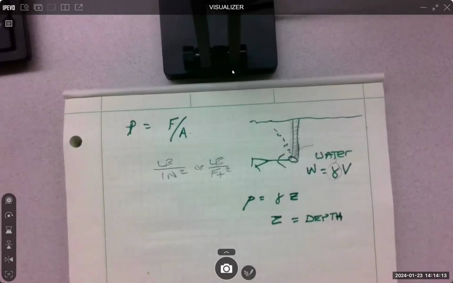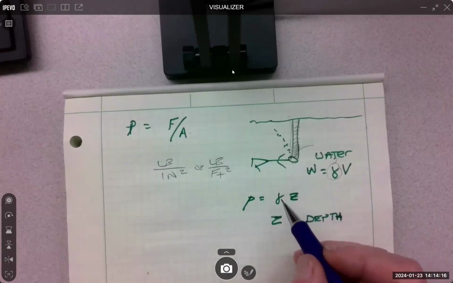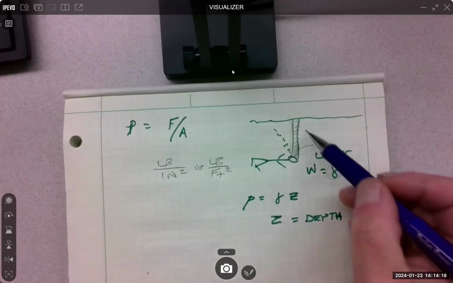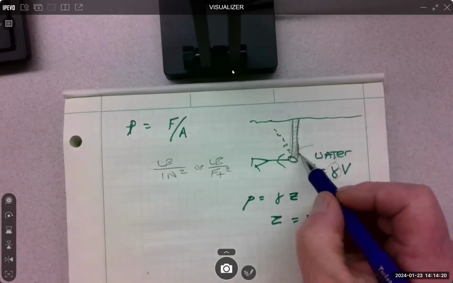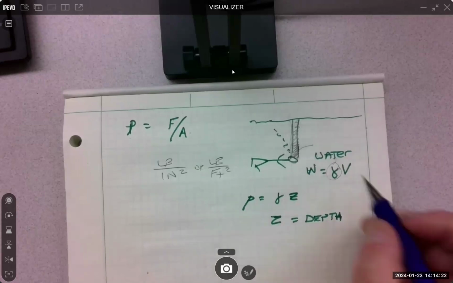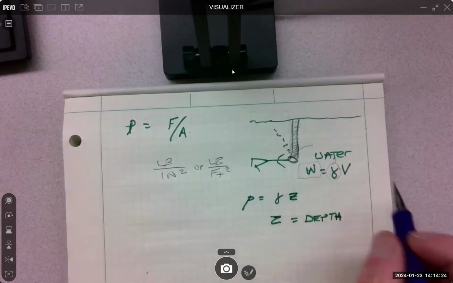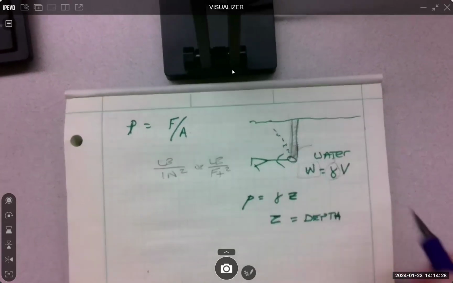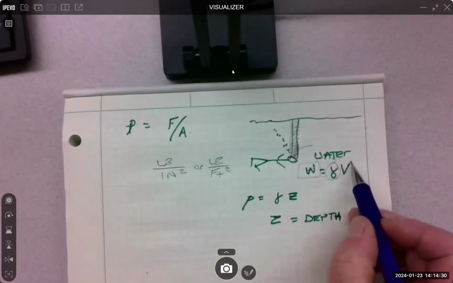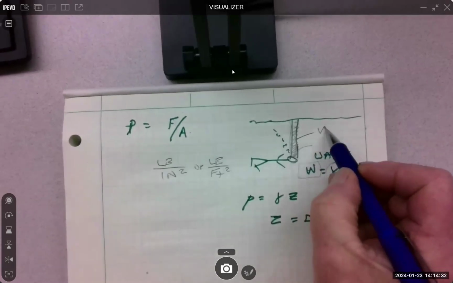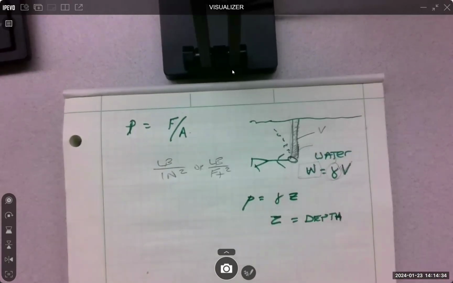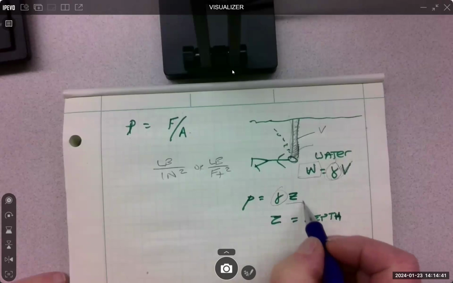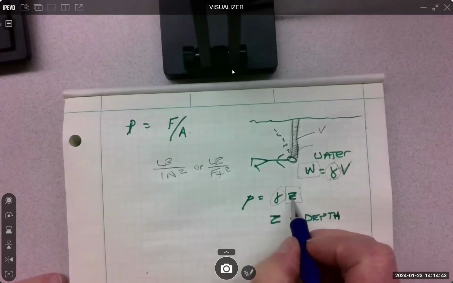So for water, we just use the specific weight of water. And this column, it's like a volume, right? So really, to get that weight that is over the top of us, it is the specific weight of the water times the volume of the water. Okay? Now, that can be simplified down to specific weight times a depth z.